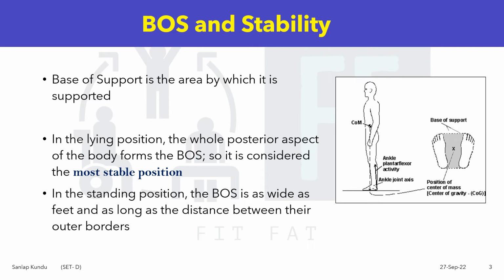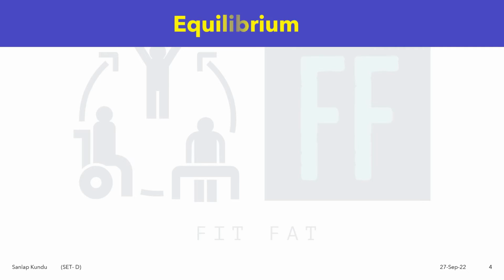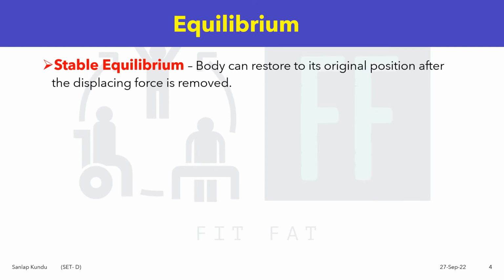Now let's see the equilibrium point of view. If we see the equilibrium, there are mainly three types: stable, unstable and neutral. But we will discuss the first two. So first comes stable equilibrium, when the body can restore to its original position after the displacing force is removed. To get into the most stable position, any body has to follow two rules.